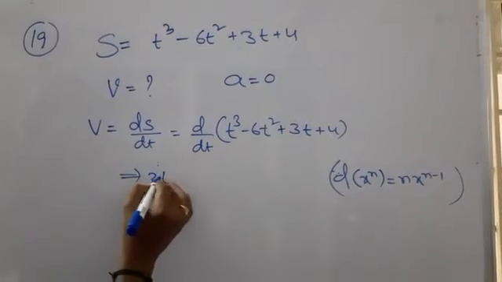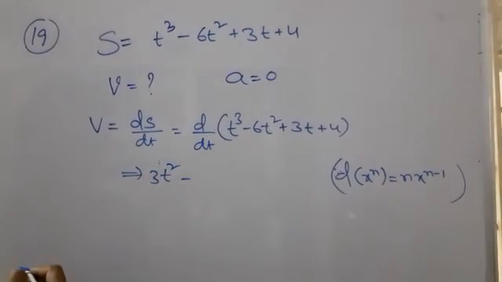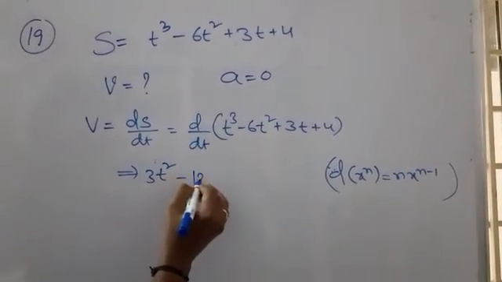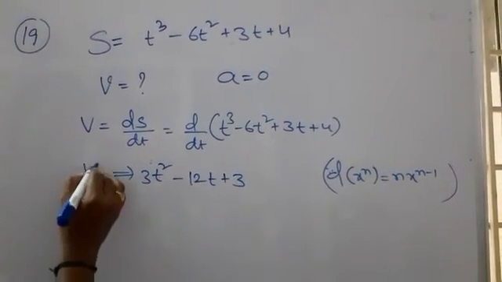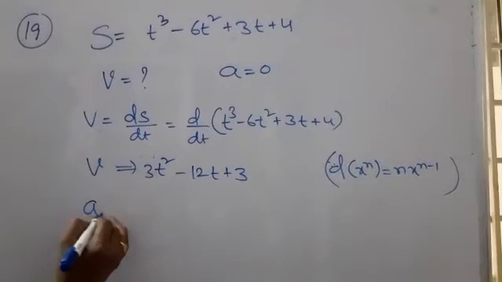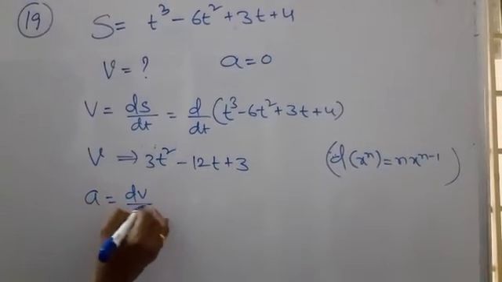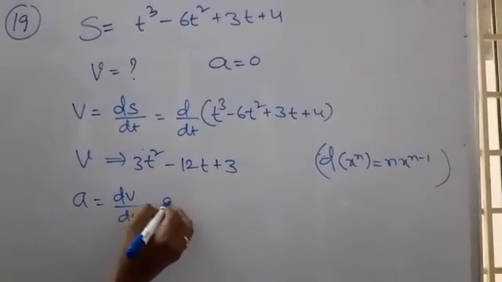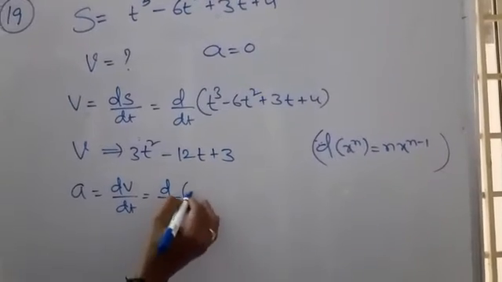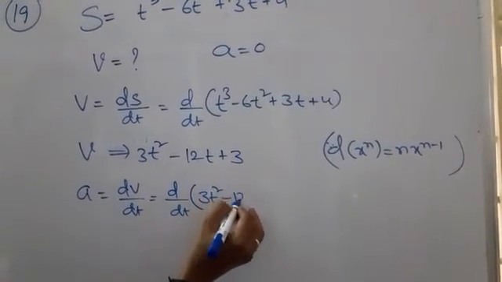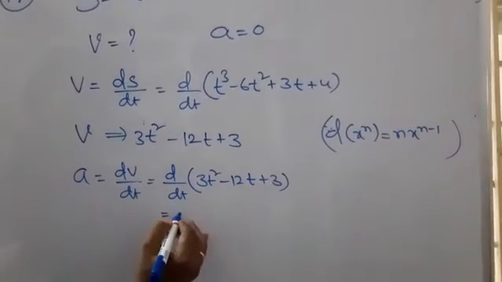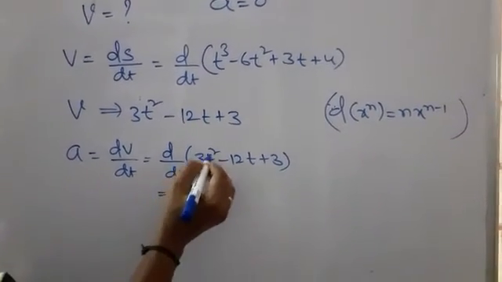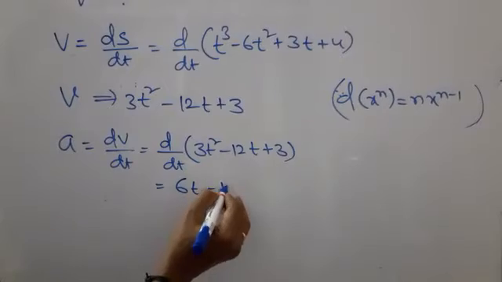Therefore 3 t square minus 12 t plus 3. So this is the velocity. Next, acceleration is the rate of change of velocity. So d by dt of 3t square minus 12t plus 3 gives 6t minus 12.